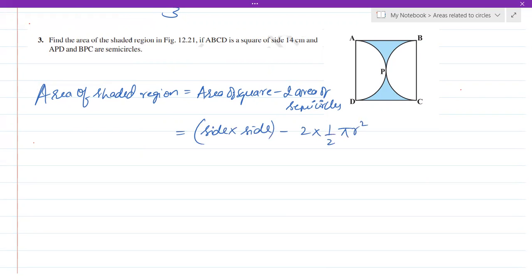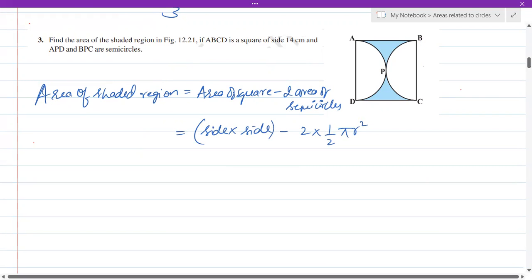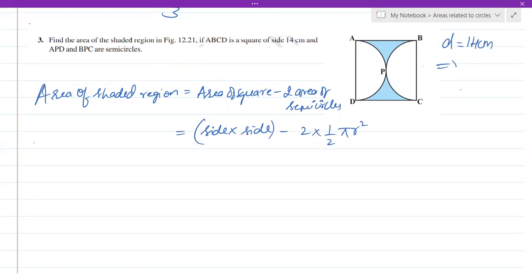Now remember, they have not given the radius of the semicircle, but this side of the square is acting as the diameter for the semicircle, so the diameter is indirectly given as 14 centimeter, which implies r will become 7 centimeter. So here 2 and 2 get cancelled.